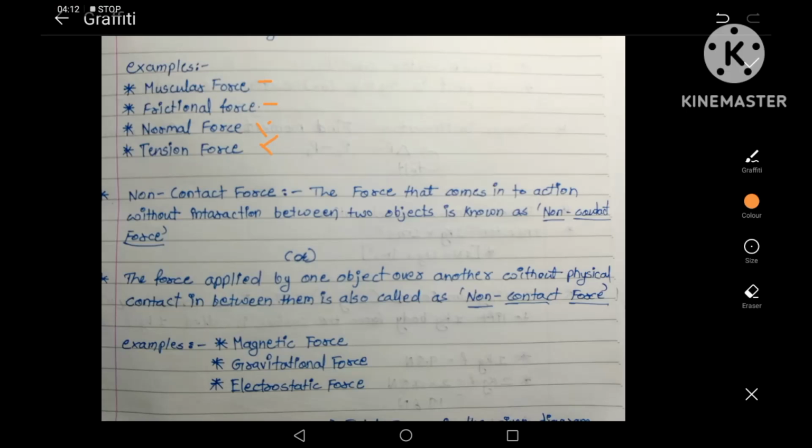See, if you observe here, you are standing behind a car, and you are trying to push it forward.